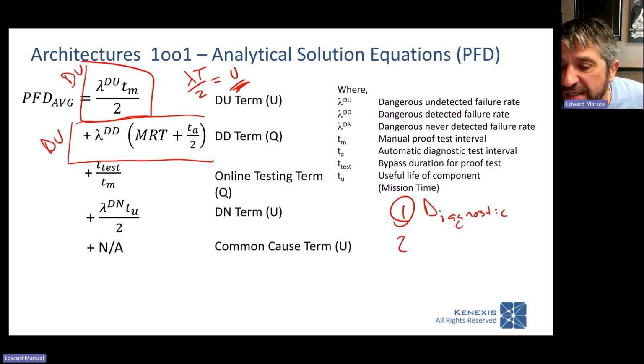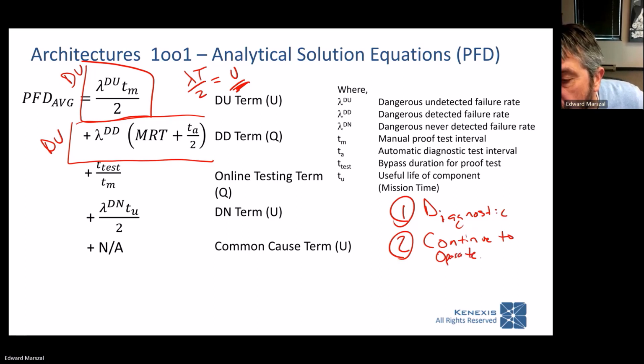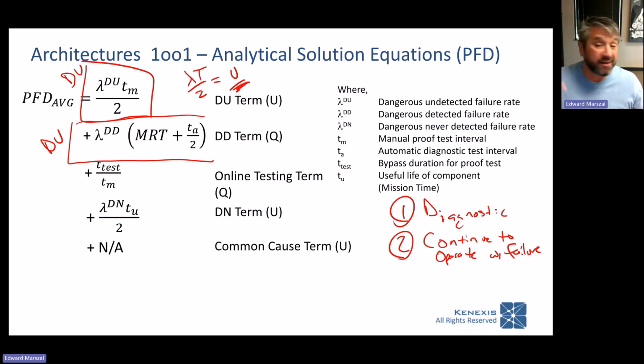The second reason that you're going to evaluate the DD term is if you have the diagnostics, and if those diagnostics tell you that your device has failed, what do you do? And the answer is continue to operate with failure. So the DD term means I did a test, I know the device isn't going to work, but I'm going to continue running the plant anyway.